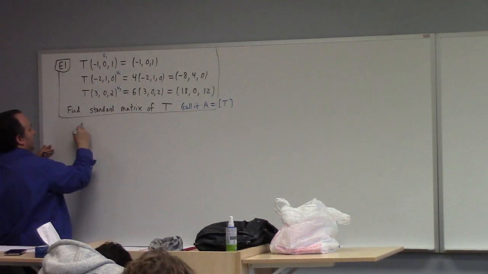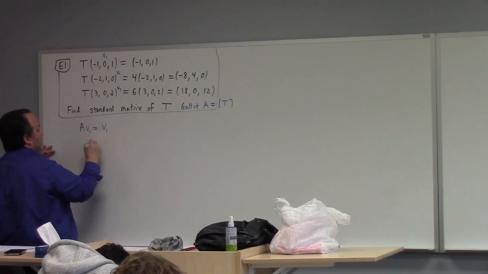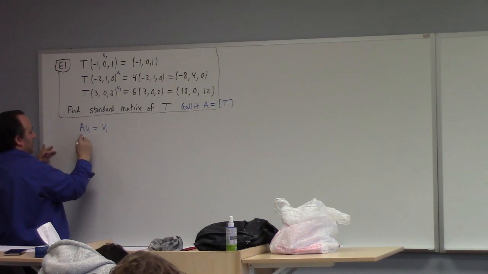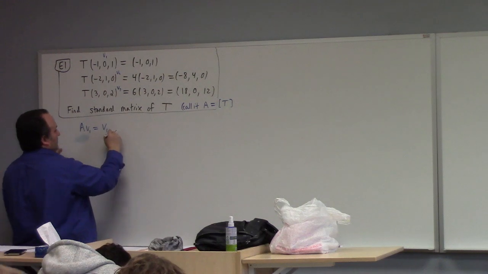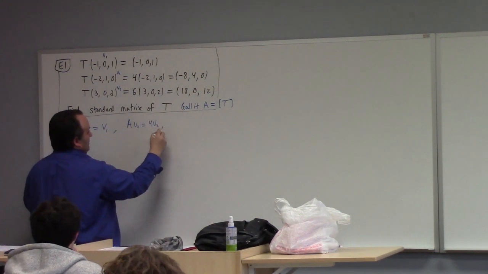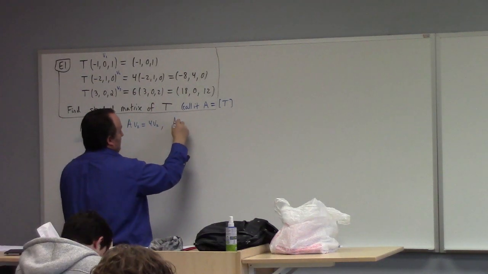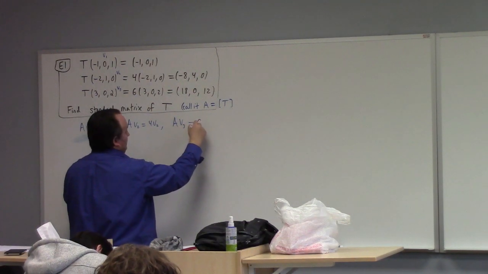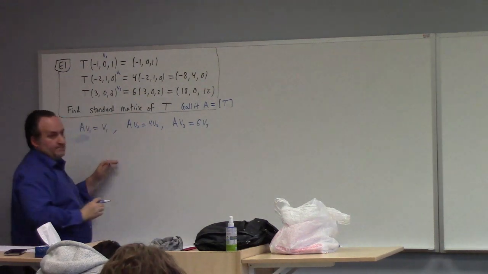So what we have is A V1 equals V1, A V2 is 4V2, and A V3 is 6V3. That was what I gave you, right?